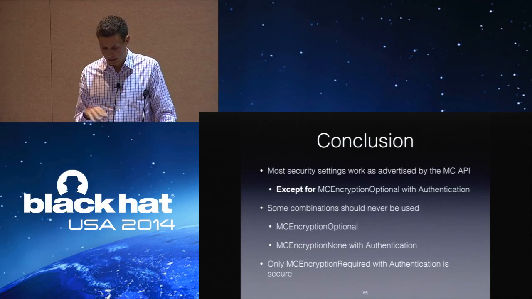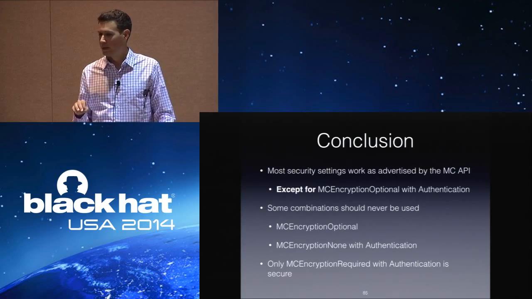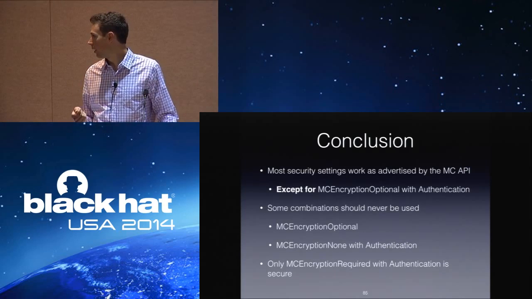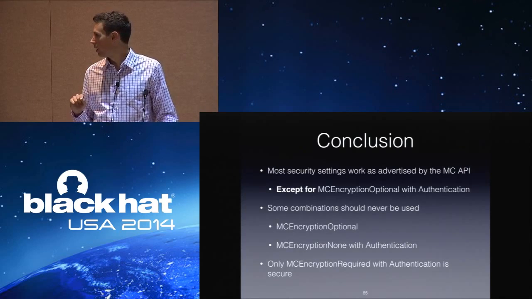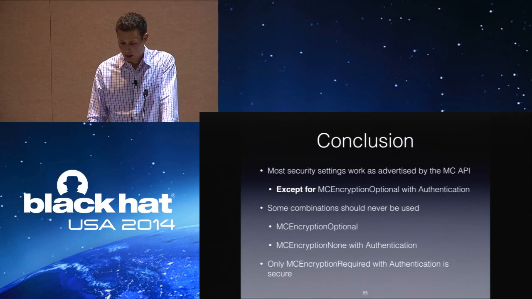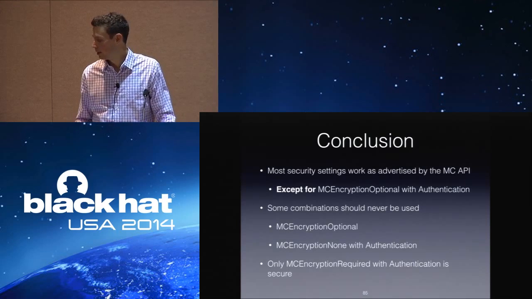So I wouldn't use encryption optional. And then encryption none with authentication means you're getting the performance hit of DTLS because you have to do all the handshake, but then no encryption. So it's kind of a waste. And lastly, as expected, only encryption required with authentication is actually secure.